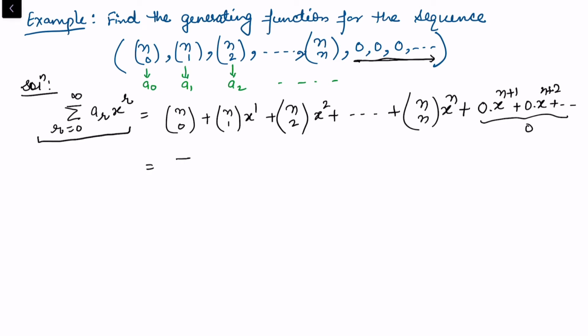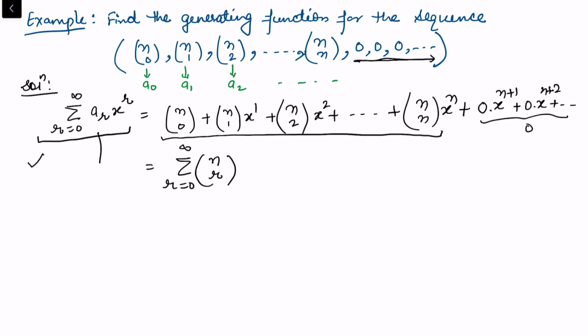So we can write it as summation r goes from 0 to infinity. And if I want to write this again in terms of this expression, currently we have n choose r instead of a r. So a r is my n choose r, and then I have x to the power r. Here I want to make a change. So this is r goes from 0 to n, because the last term is n choose n.